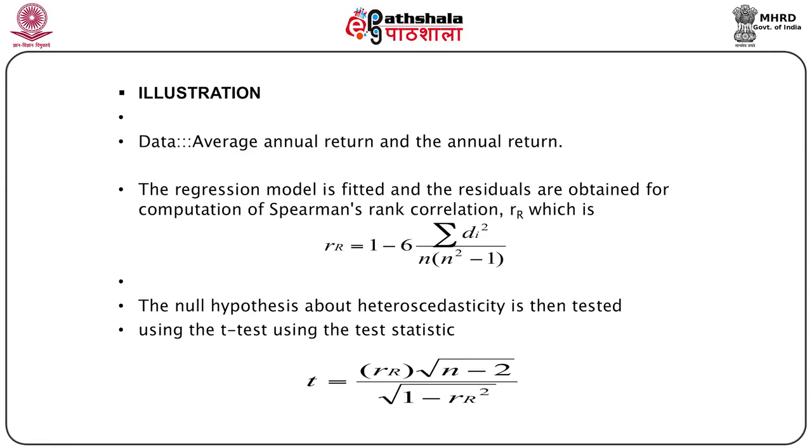The null hypothesis about heteroscedasticity is then tested using the t statistic, with the formula r times the square root of n minus 2 divided by the square root of 1 minus r squared.